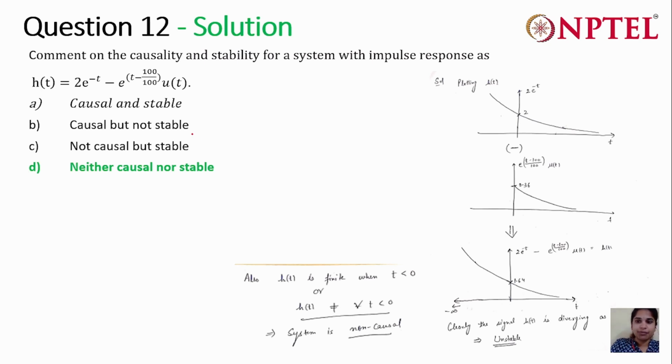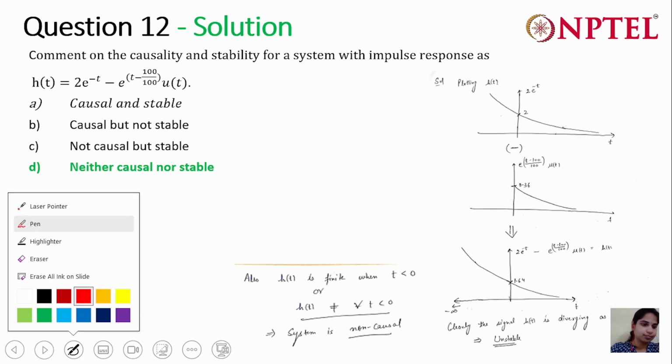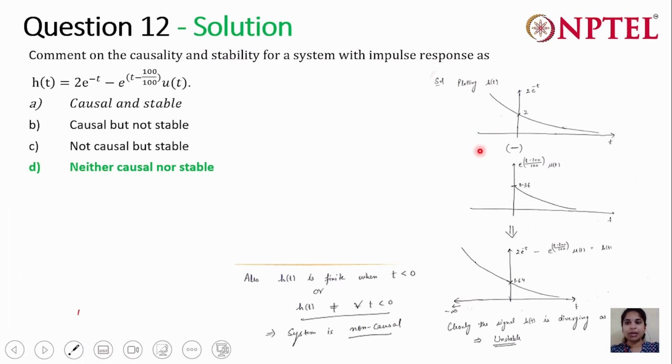Since I have this term, let us directly see the plot. We are plotting h of t. This is the plot for 2 e power minus t. When t is tending to infinity, 2 e power minus t will tend to 0, and when t is tending to negative infinity, it is going to tend to infinity.